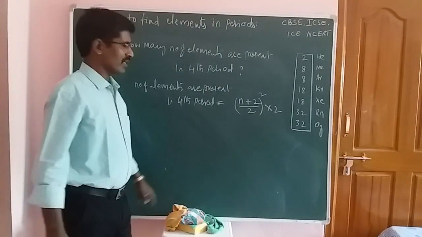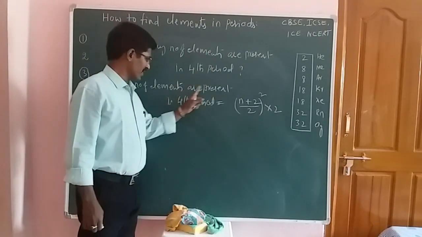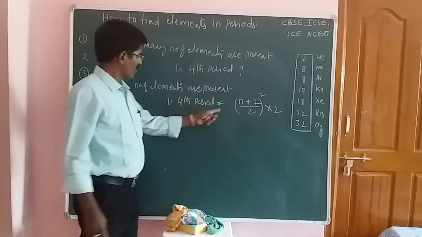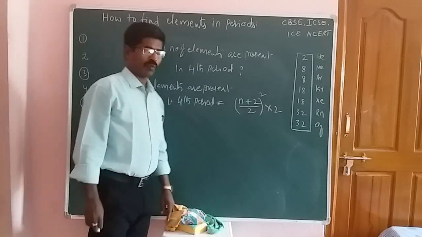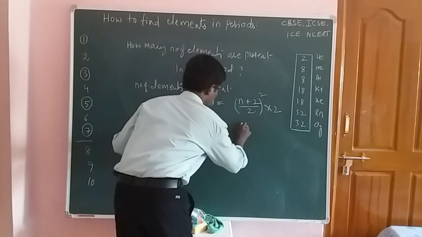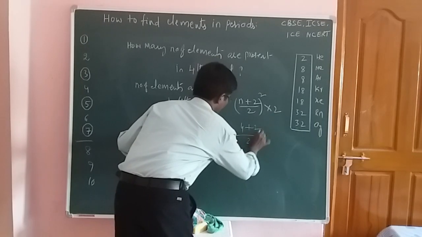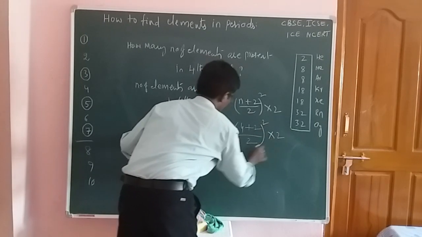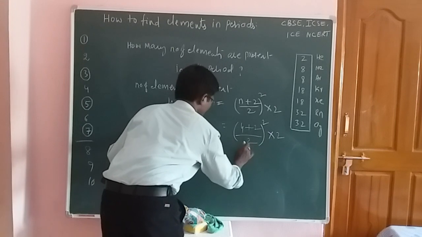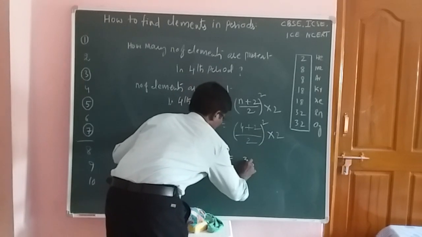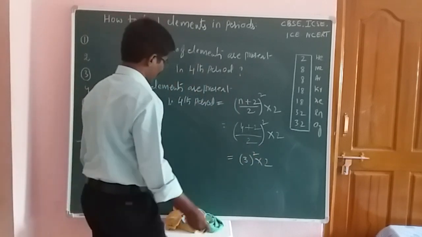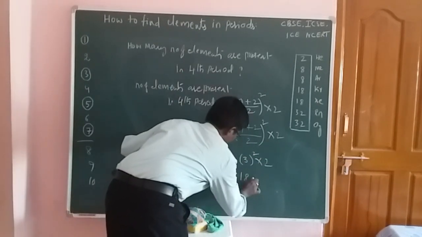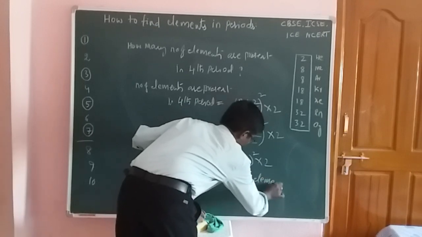Now here 4 plus 2 upon 2 whole square into 2. Okay, students, 6 by 2, that means 3 whole square. Now here 3 square into 2, 3 threes are 9, into 2, 18 elements. So we are getting 18 elements present in the fourth period.